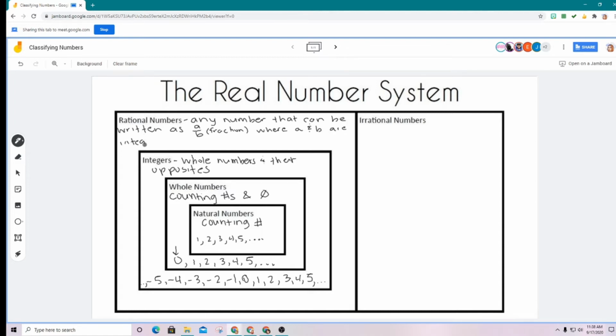And this is like the ugliest definition, I know. And b is greater than 0.